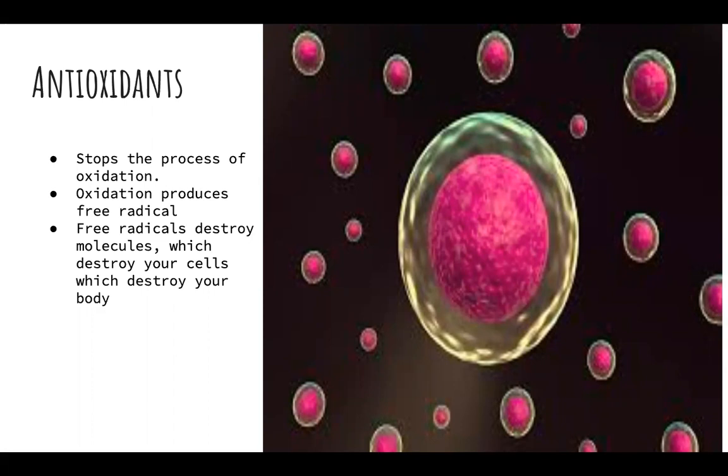Free radicals are unstable molecules made by the process of oxidation. If you have too many free radicals, that will increase your chance of faster aging and cancer. Antioxidants stop that process from happening.